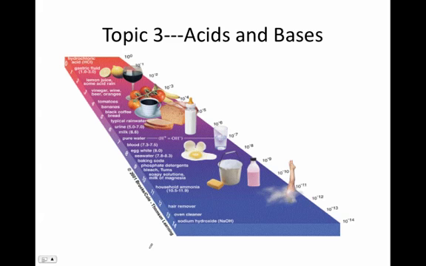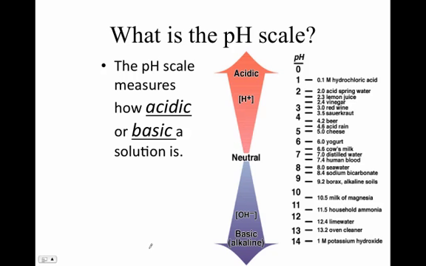We're going to come back to this pH scale because I want to talk about how something differs mathematically on the pH scale. Here it is again. As you can see, according to the pH scale, there are substances right at the pH of 7. We call those neutral.